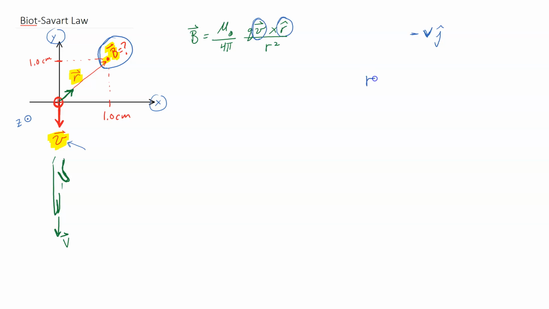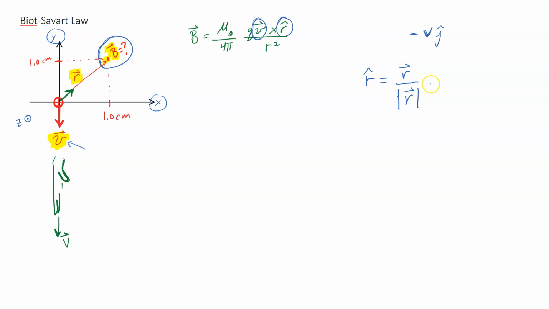Now r hat is equal to the vector, which has an i hat and a j hat component, and you would need to divide out the length, the magnitude of the vector. So for example, if it's 1 centimeter in the x hat direction plus 1 centimeter in the j hat direction, the magnitude would be the square root of 1 squared plus 1 squared, which is root 2.